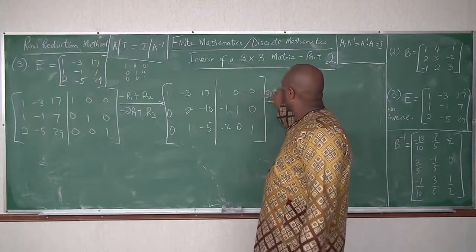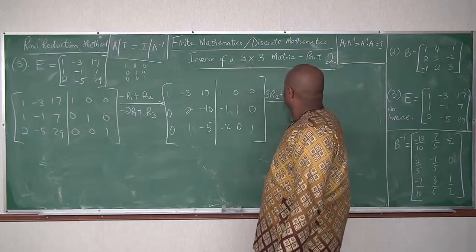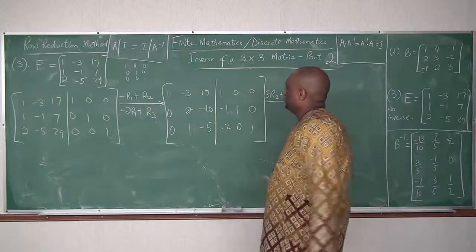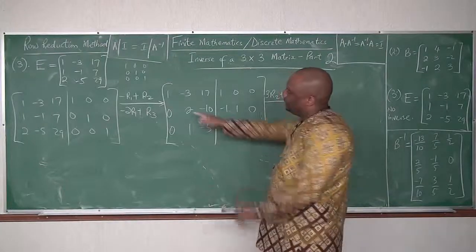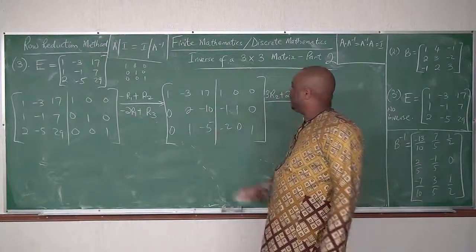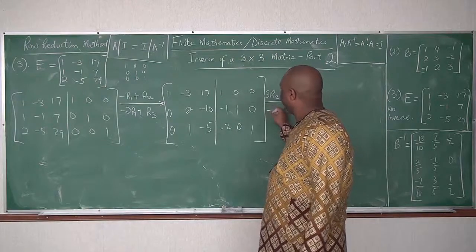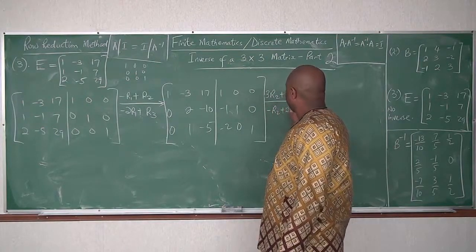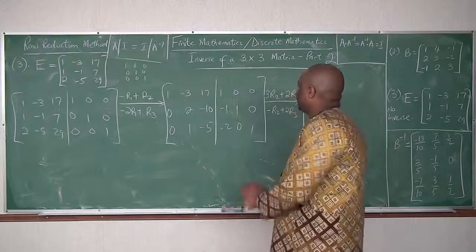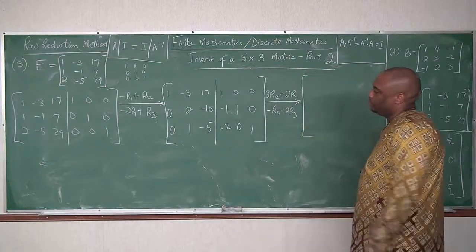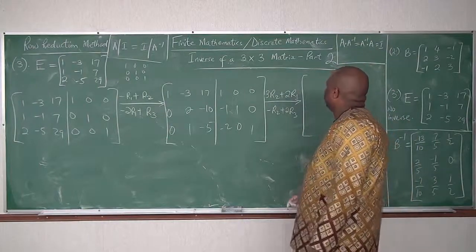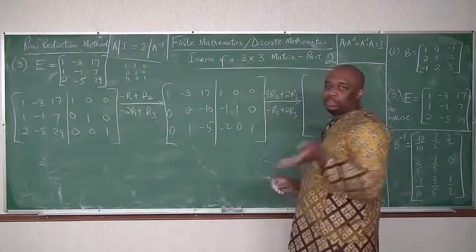So this is 3R2 plus 2R1. And then for the other, you have to apply negative R2 plus 2R3, because negative 2 plus 2 times 1, negative 2 plus 2 is 0. So row 2 does not change.